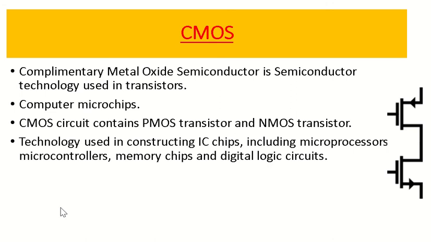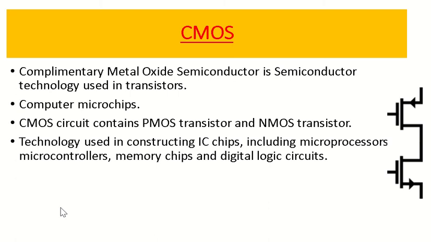Now if NMOS and PMOS are clear, then CMOS is very easy. NMOS is a type of MOSFET. PMOS is also a type of MOSFET. Similarly, CMOS is a combination of NMOS and PMOS, and basically it's an IC technology, integrated circuit technology.